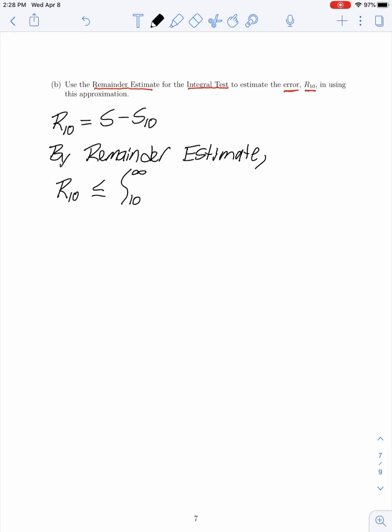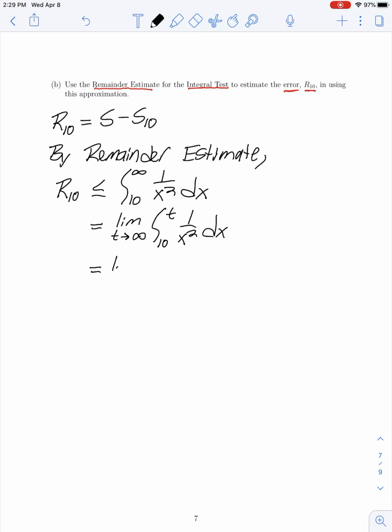So here we were working with the p-series 1 over n squared, so our function is 1 over x squared dx. Now to evaluate this improper integral, we have to make use of a limit. So we would take the limit as some variable t approaches infinity of the integral from 10 to t of 1 over x squared dx.